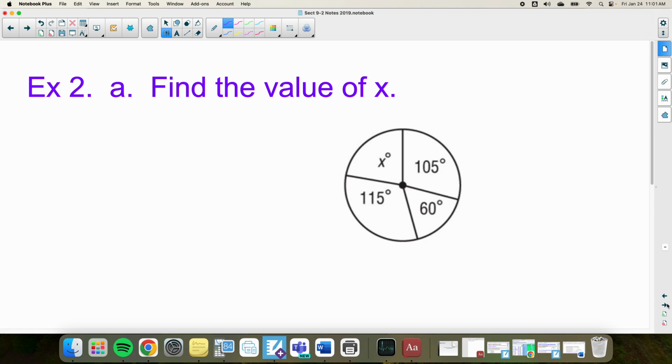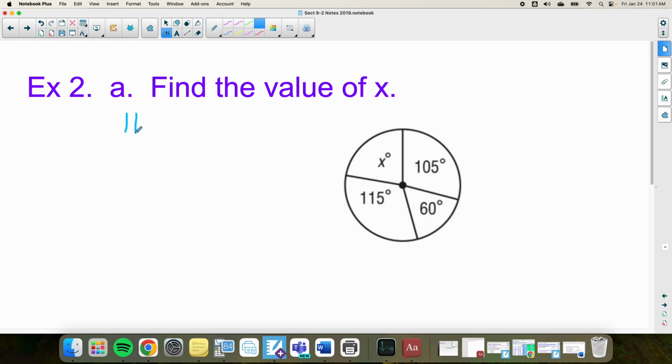Now let's look at this one. This one's even easier. What do you guys think an easy way to do this would be? Subtract 115, 105, and 60 from 360 to get your answer. Yep. Or we could add these and subtract from 360, whichever way is easier for you. But you could do it Christian's way on a calculator. 360 minus 105 minus 60 minus 115.